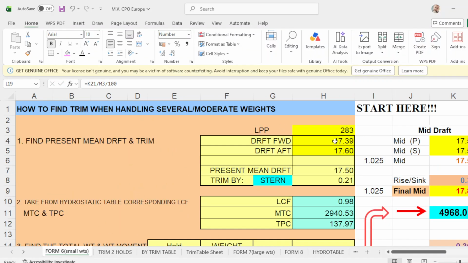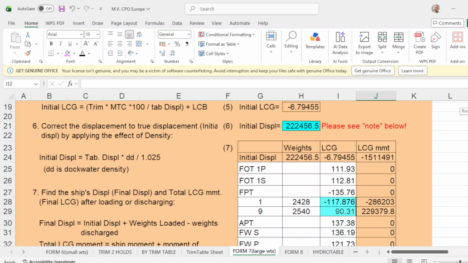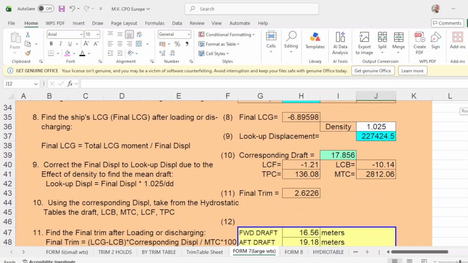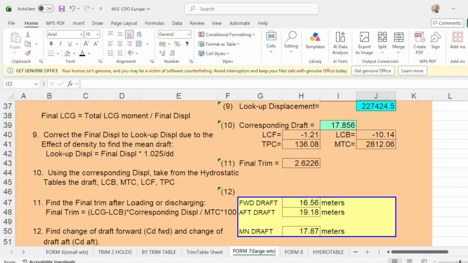According to the vessel's LPP, 283 here. Then the drop is not good. So something is wrong with the program here. But mean drop is 1787. Should be even keel.